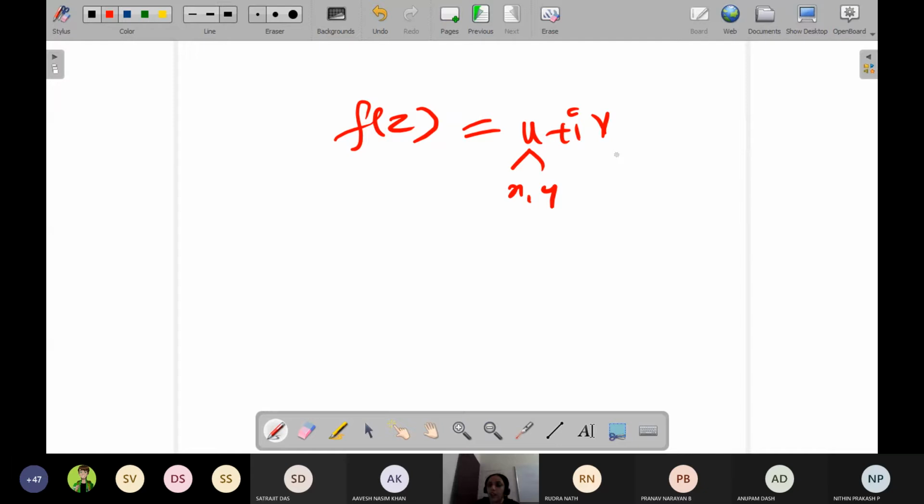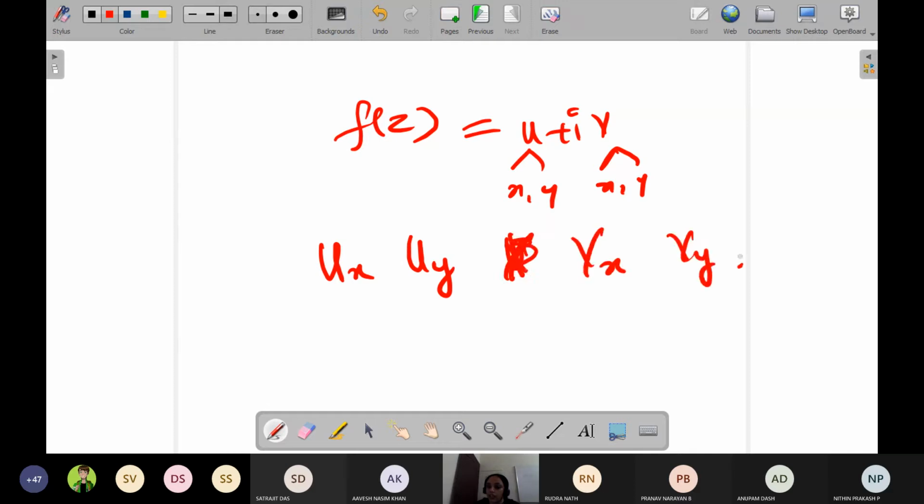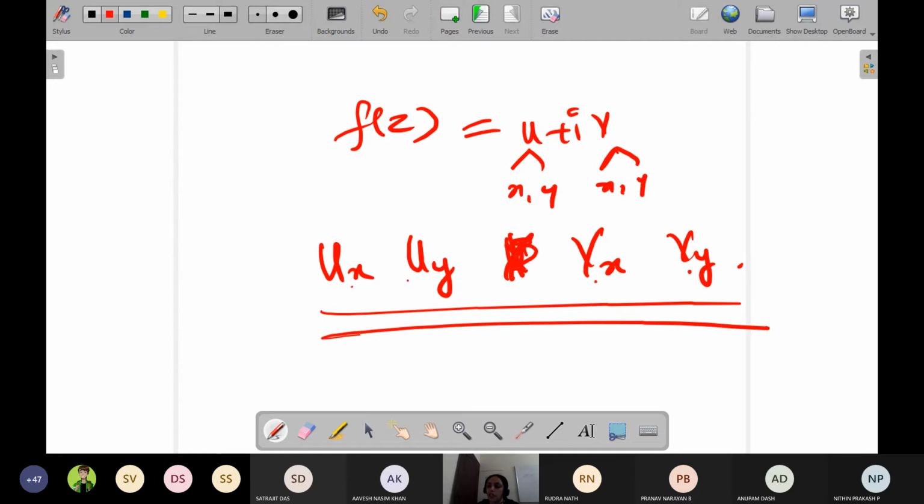This is a function of x and y. What will be the four partial derivatives? ux, uy, vx, vy. There are four partial derivatives: ux, uy, vx, vy. Based on these four partial derivatives, they have defined the necessary and sufficient condition for a function to be analytic. Those equations are called CR equations.